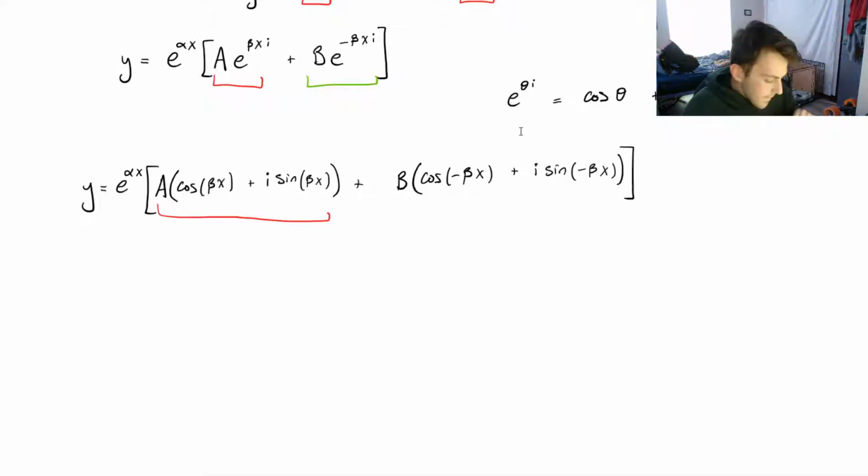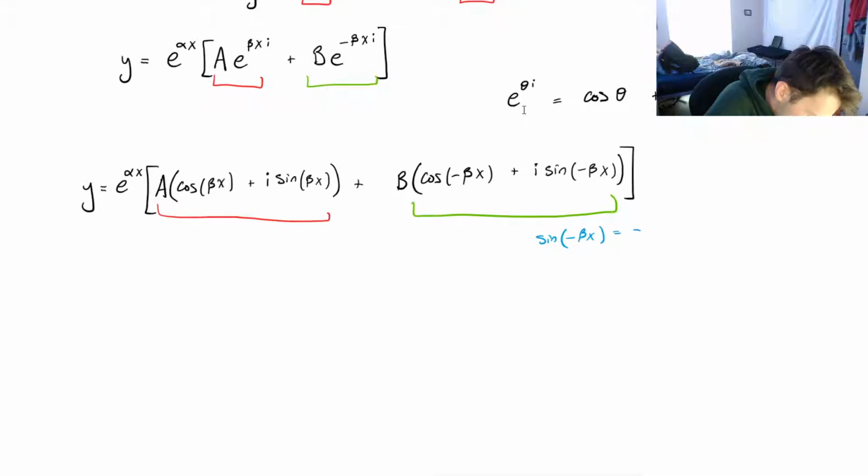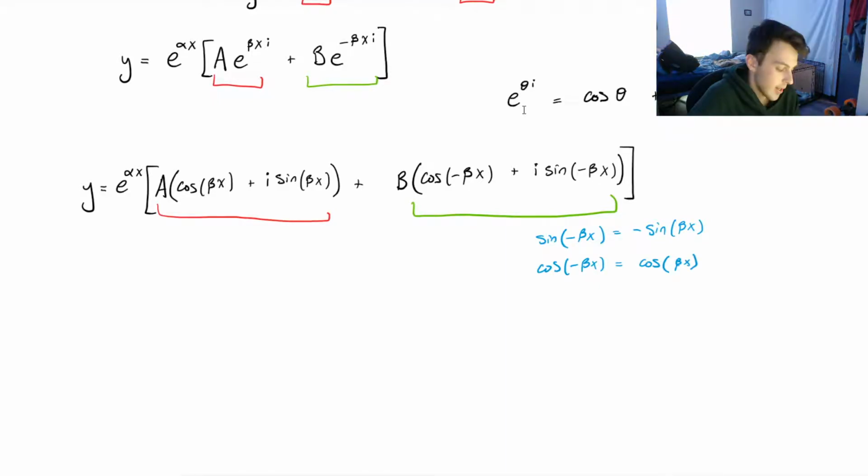Great. Okay. So another quick substitution that we're going to do here, we're going to remember that sine of minus beta x is actually equal to minus sine of beta x, right? Okay, great. We also know that cosine of minus beta x is going to be equal to cosine of beta x, right? These are just some trig identities that we know.